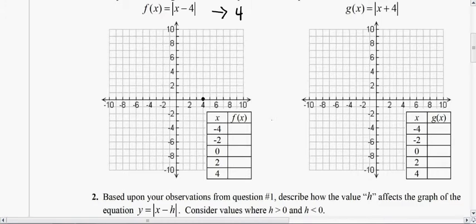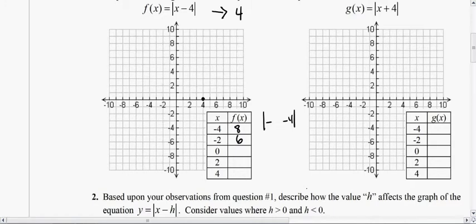So negative 4 minus 4, the absolute value of that, I'm just plugging negative 4 into my function up here. Negative 4 minus 4 is negative 8. Absolute value of negative 8 is positive 8. Negative 2 minus 4 is negative 6. Absolute value of negative 6 is positive 6.